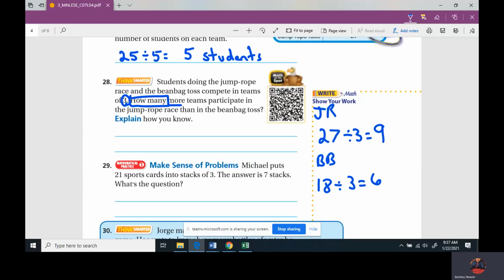You have 2 because you subtracted, right? So we have 9 jump rope teams and there's 6 beanbag teams. How many more jump rope than beanbag? 9 minus 6. 3 more teams.